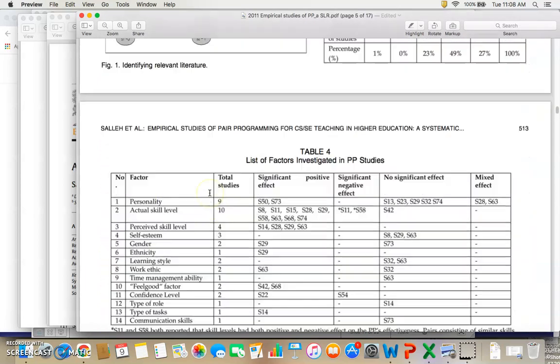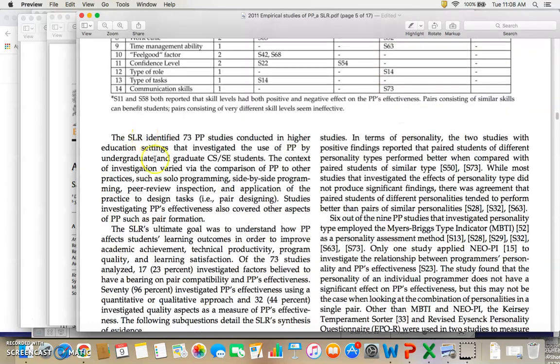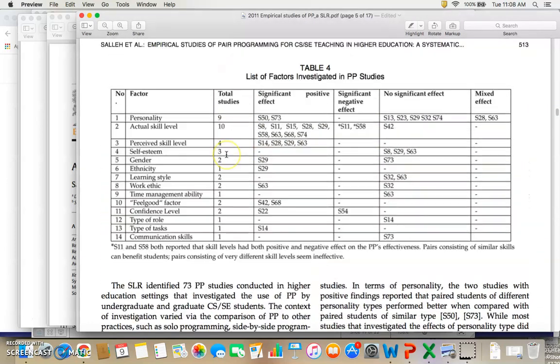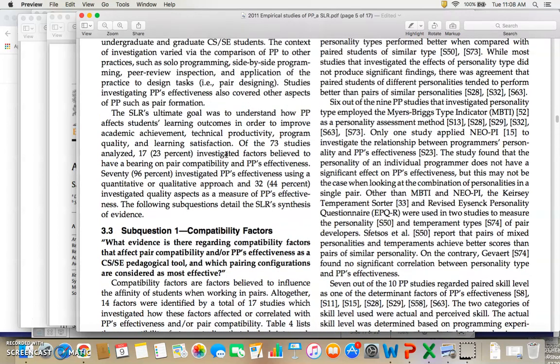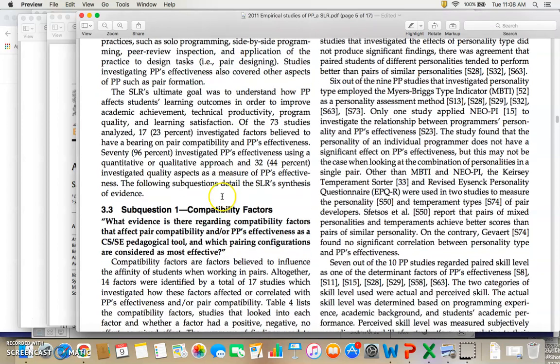And then this is where I did not mention in this paper what method I used for synthesizing evidence. But reading the text and the table, basically this is a narrative synthesis. Narrative synthesis means we are not only summarizing.